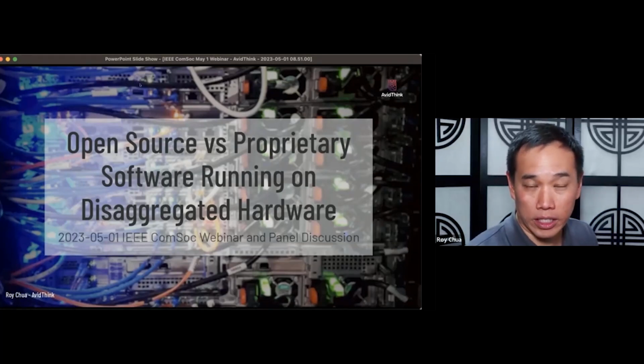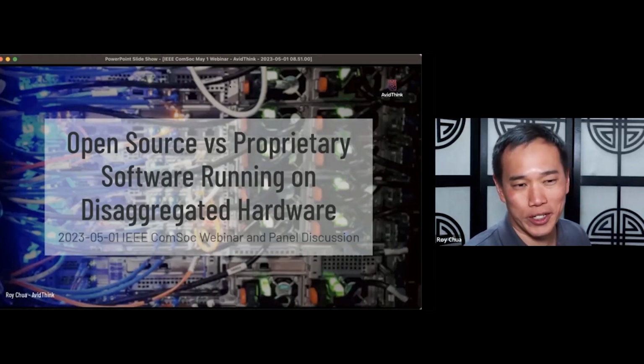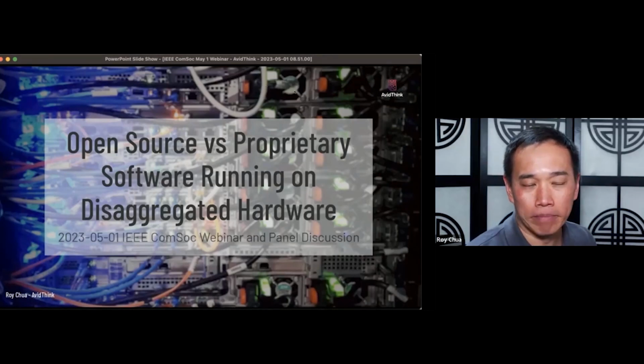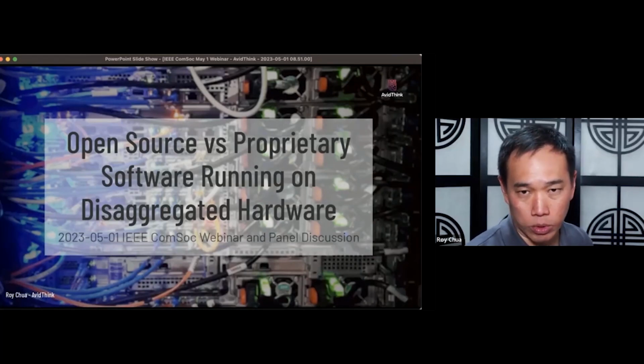There are a lot more interesting questions I know that Alan has in store for us, so we want to get to those. But maybe just to get all of us on the same page or roughly the same page, I thought I'd start with taking a look back at open source and networking. And then as Alan says, we'll talk about where we are today and what's going on.